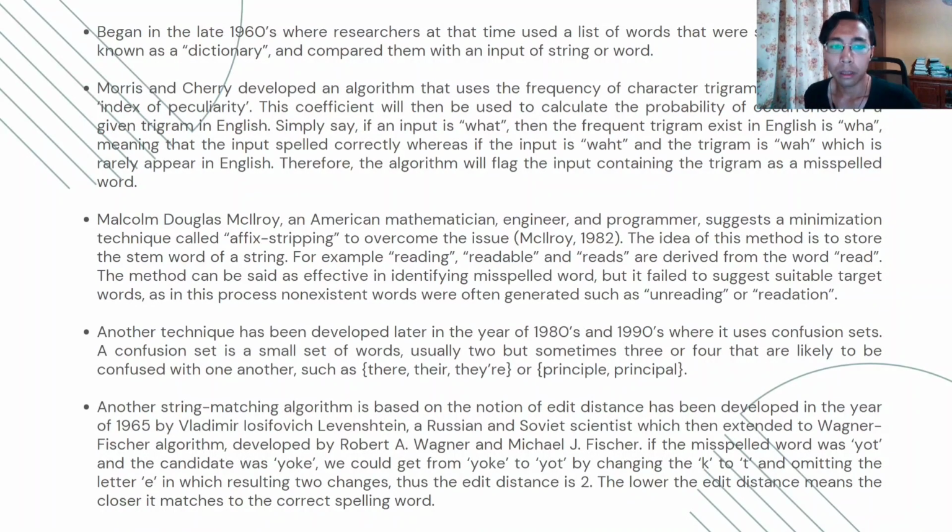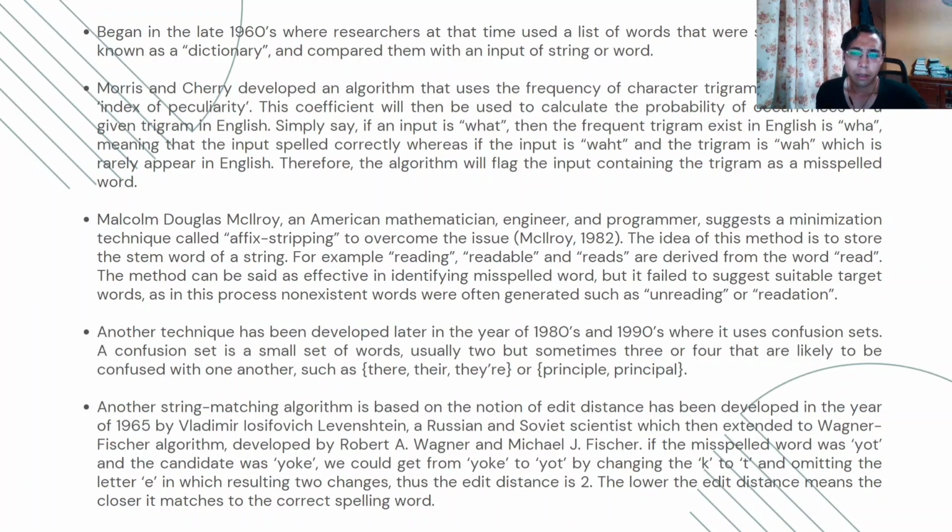Later, Malcolm Douglas McIlroy, an American mathematician, engineer, and programmer, suggested a minimization technique called affix stripping to overcome the issue. The idea is to store the stem of a word. So let's say we have words like reading, readable, and reads, which are derived from read.